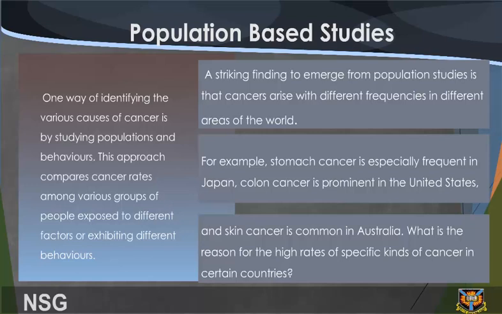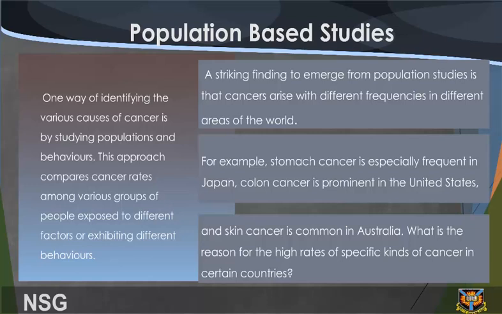Population-based studies. One way of identifying the various causes of cancer is by studying populations and behaviors. This approach compares cancer rates among various groups of people exposed to different factors or exhibiting different behaviors. A striking finding to emerge from population studies is that cancers arise with different frequencies in different areas of the world.